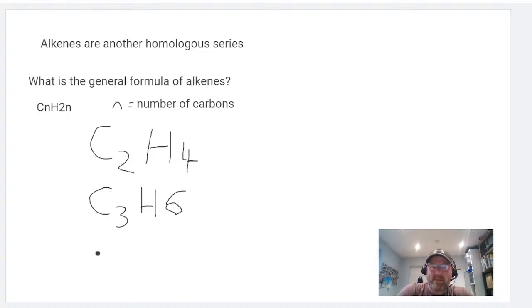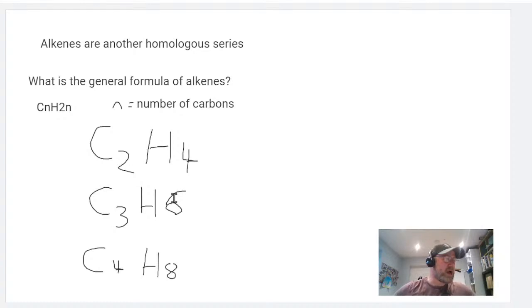Does anyone know the name of these first 4 alkenes? Or first 3 alkenes? We'll just do the first 3. And then you need to know why alkenes are really useful as well. So no, you don't need to know that.